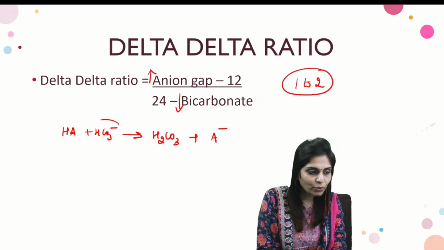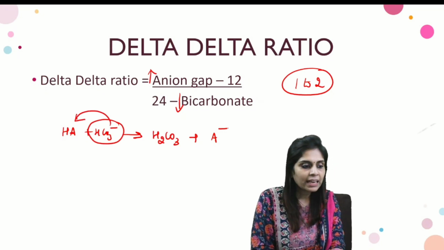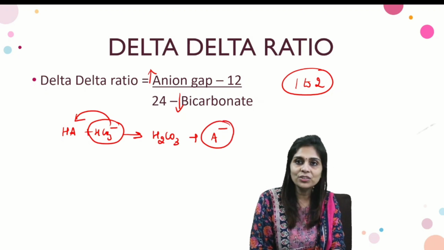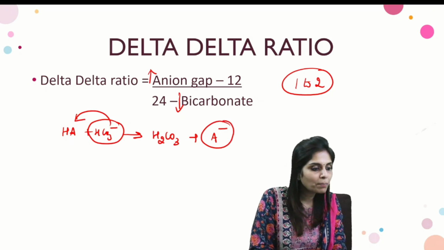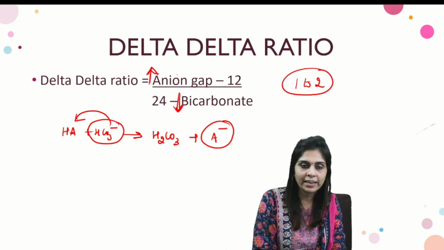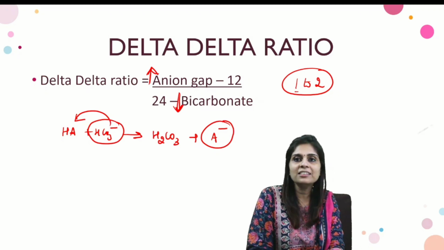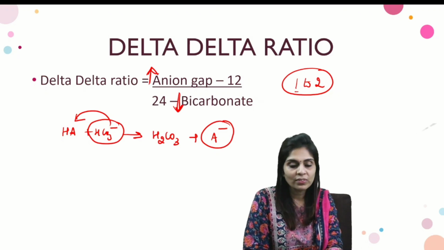Do you see that for every mole of bicarbonate that is getting used by this acid, equimolar anion is getting generated? So how much ever bicarbonate has fallen down, there will be an equal rise in anion gap. So both these will get cancelled. It has to be 1. So the range is anywhere between 1 and 2.